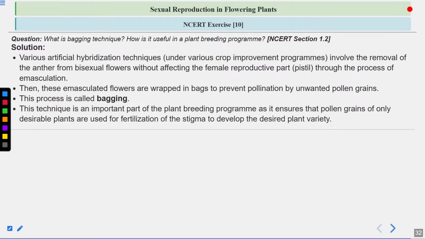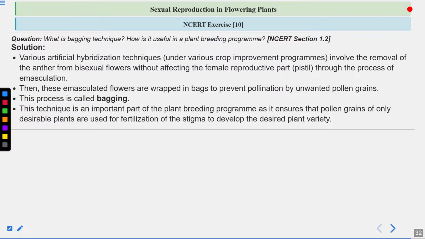This technique is an important part of the plant breeding program, as it ensures that the pollen grains of only desirable plants are used for fertilization. You have some chosen plant whose pollen grain you want brought to pollinate the flower which you have made a female flower, right?